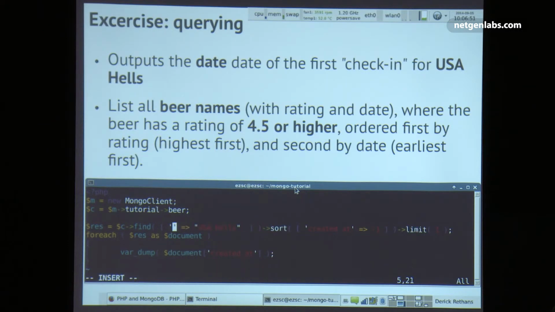So rating score, yes. And then should be another array. Yes. And then should be GT 4.5. 4.5 or higher. So let's go with GTE. And then 4.5. And close the array. So that's the search part.